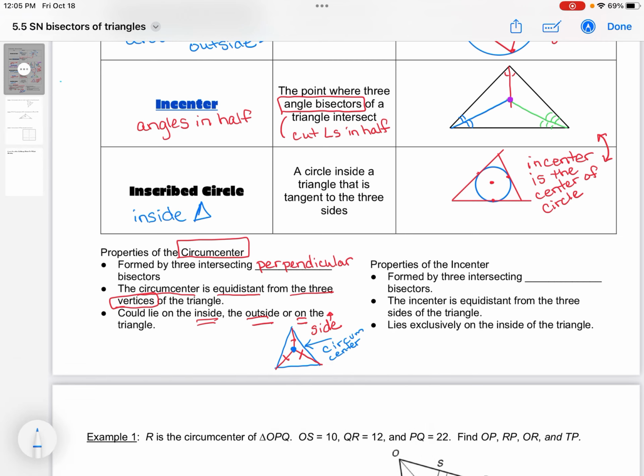So these are different lines than the lines I drew on my picture to find the circumcenter. But once I find the circumcenter, I can draw lines to the vertices, and all three of those lines will be equal. So it kind of flips on you, because for incenter, it's three intersecting angle bisectors.